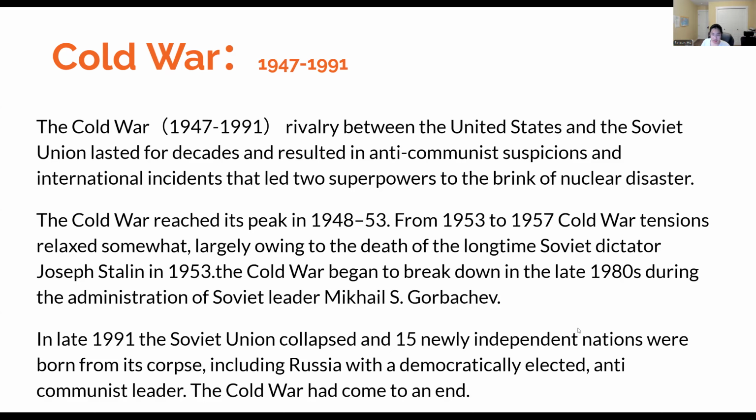In the end, Gorbachev had a policy basically saying economic reform and political openness, glasnost. So Gorbachev wanted to better the lives of people.